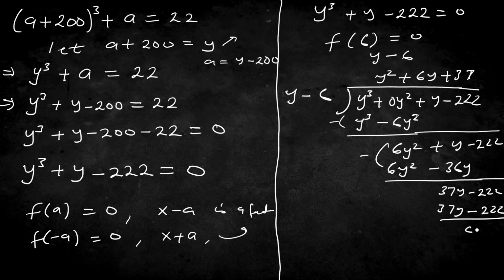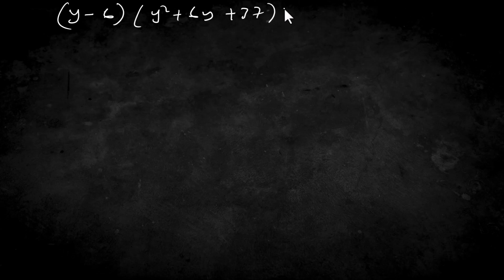So we have this side to be 0. Okay, so we have y minus 6 and y squared plus 6y plus 37 equal to 0. The first answer will be y minus 6 equals 0, therefore y equals 6.